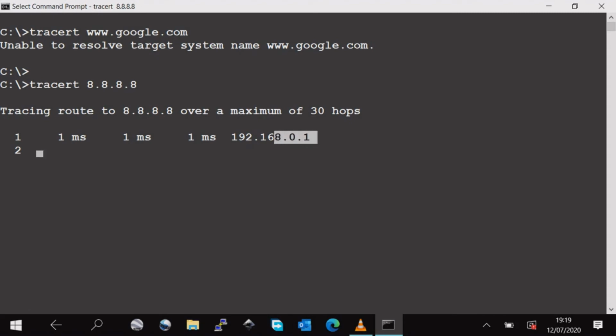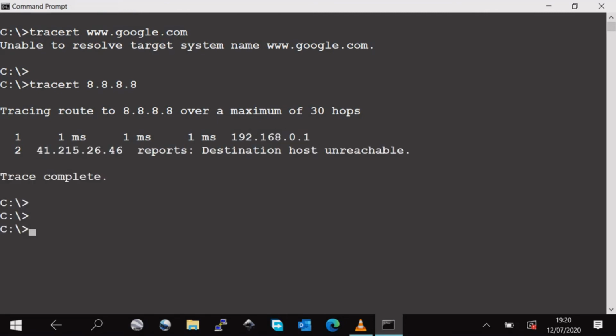Right. Here we see that the data goes first to the default gateway, and at the second hop reports back that the destination is unreachable and that the trace is complete. The node responding has a public IP address and can either be our router's public IP address or that of our immediate internet service provider, ISP.